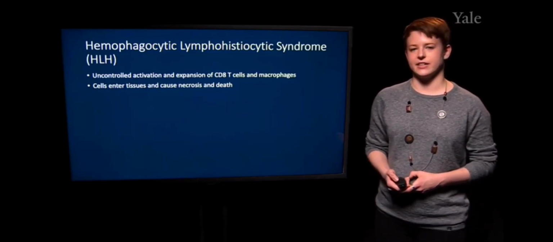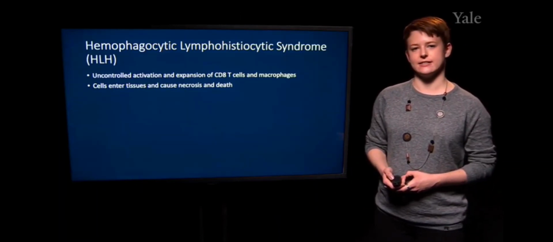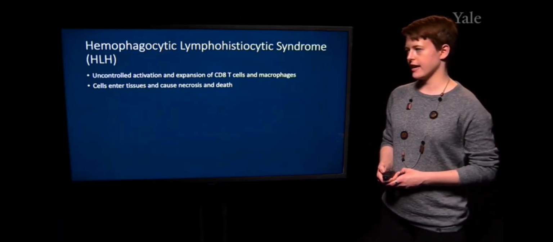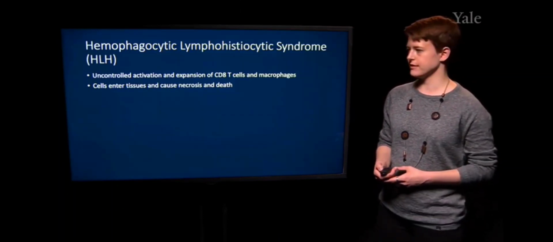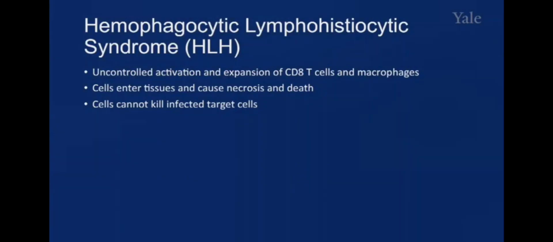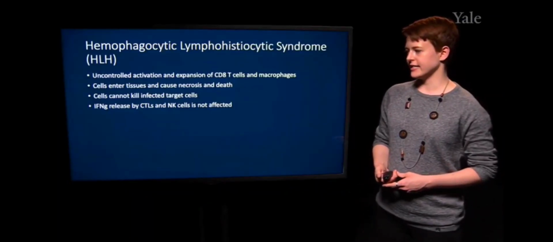So if you have uncontrolled expansion of these cells, they will enter the tissue and kill normal, healthy tissue cells, causing necrosis. And typically, these cells actually cannot kill infected target cells, although interferon gamma release by these CD8 T cells and NKT cells is not affected.